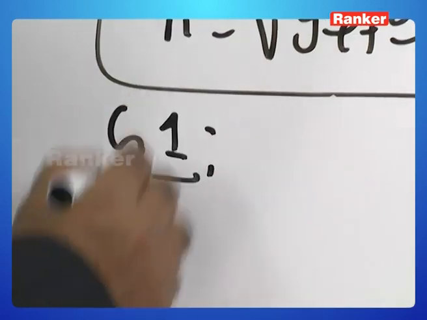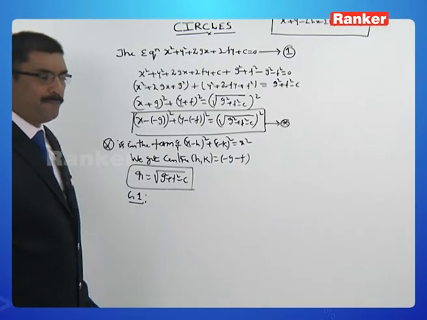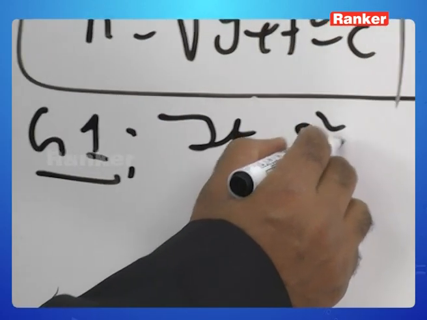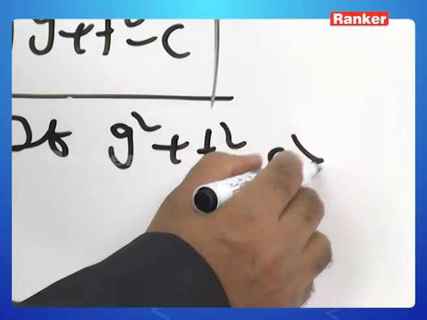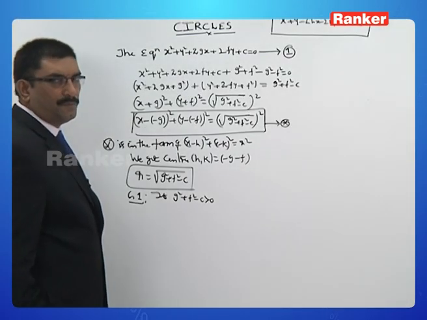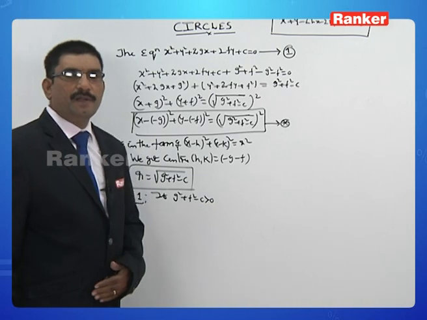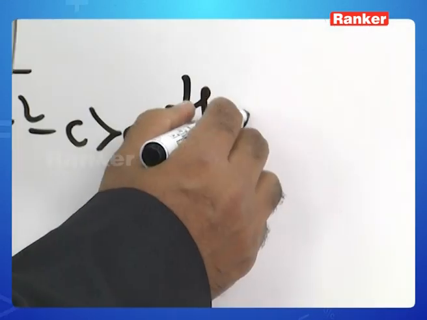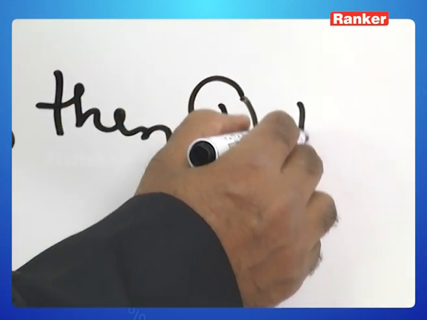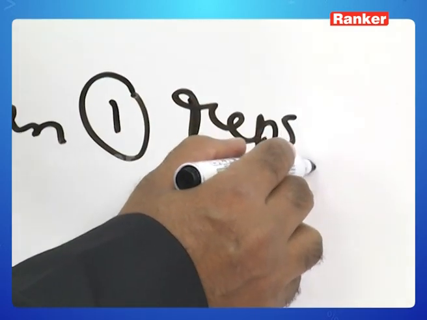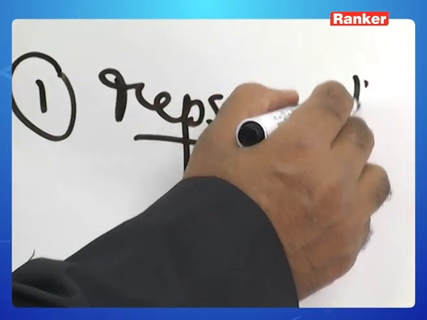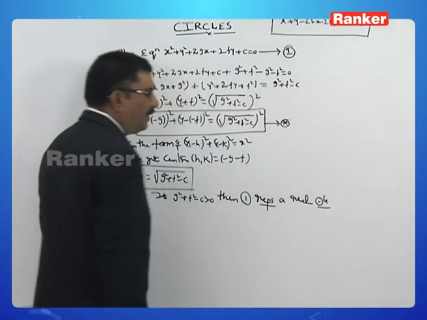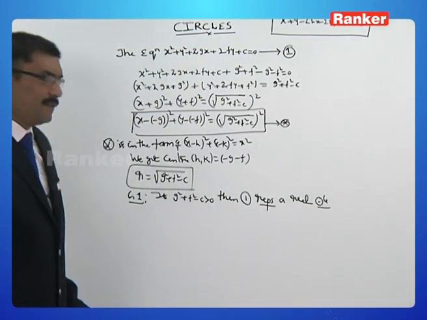Case 1: if g square plus f square minus c is greater than 0, then 1 represents a real circle.